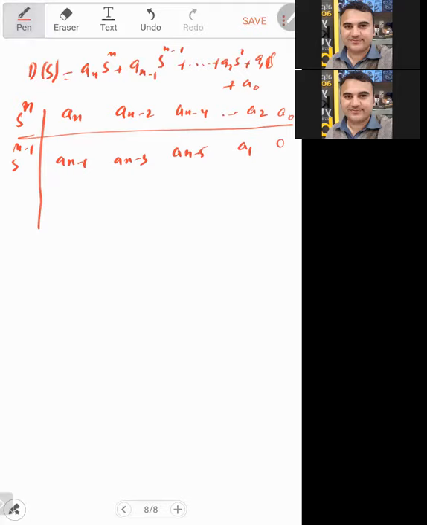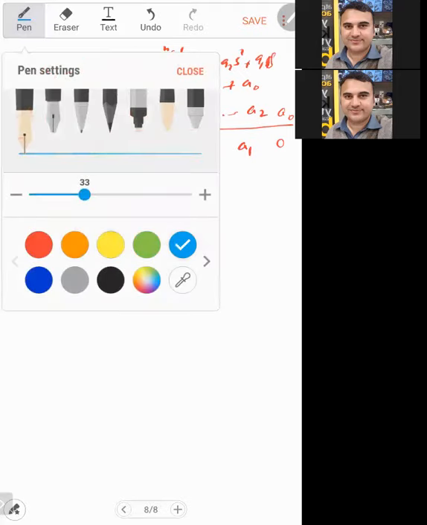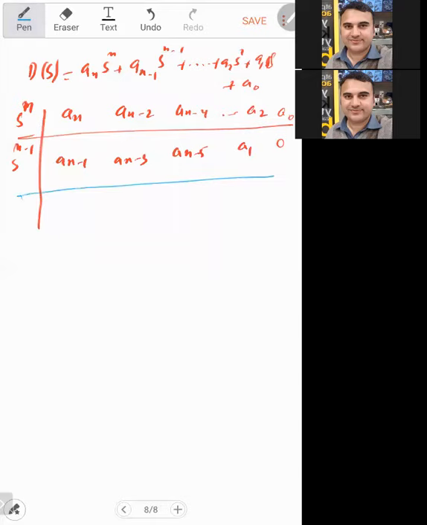Now we are going to find the next row. The power order will reduce in the same manner. So we have s to the n, then s to the n minus 1, then s to the n minus 2. So this is the order of the power of s. How do we calculate the next entries?